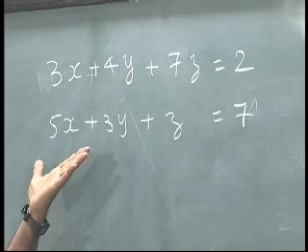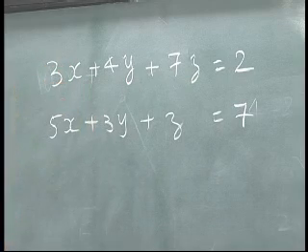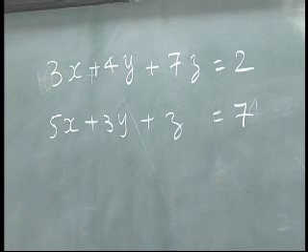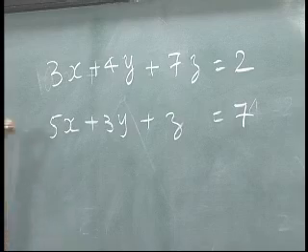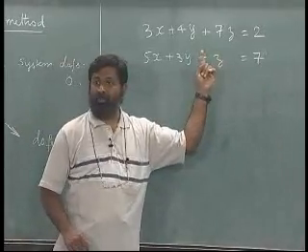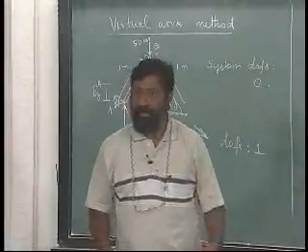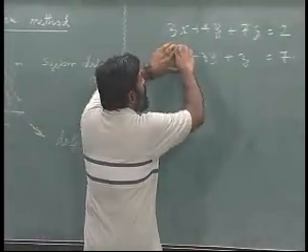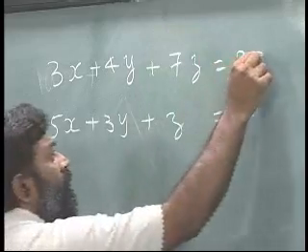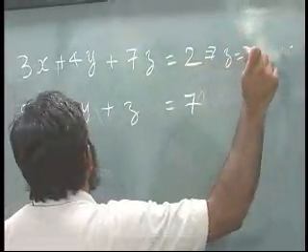If I ask you the question, how many degrees of freedom this set of equations have, is the question very clear? But if I ask you, can you reduce this in such a way that you can write one equation in terms of one of the variables? Let us see if we can. From the first equation, I can write z equals 2 minus whatever in terms of x.